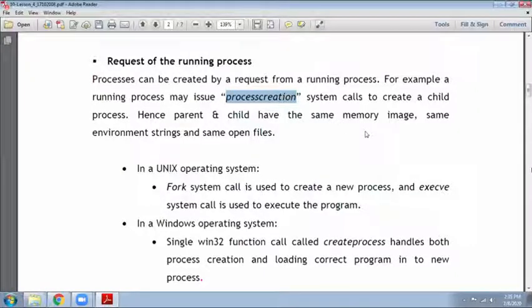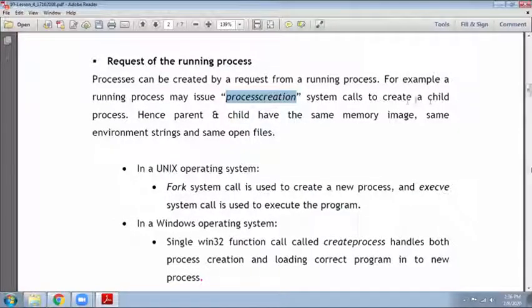There is a system call to create a child process. I think last time I mentioned the parent process and child process. The next process created by one process is known as a child process, children, right? The initial process is the parent.